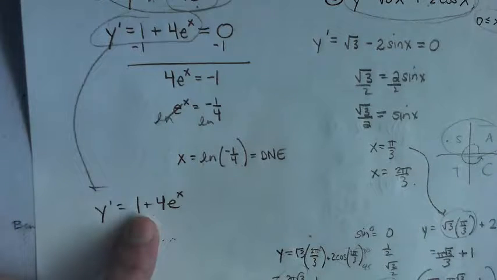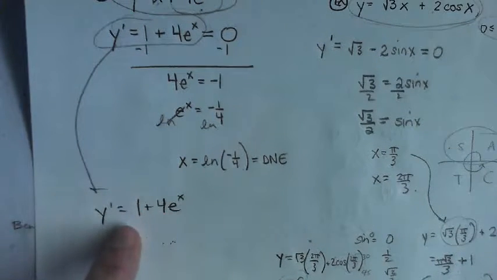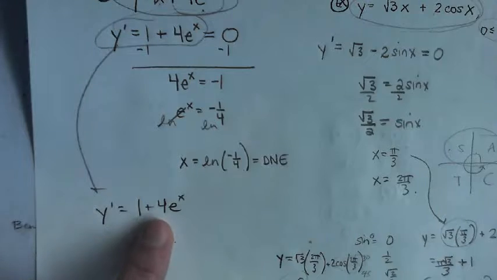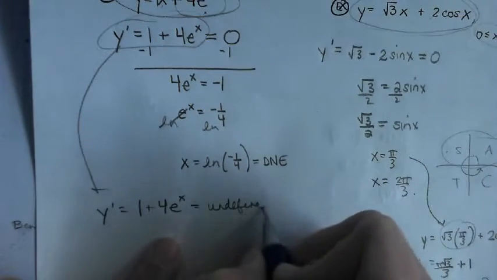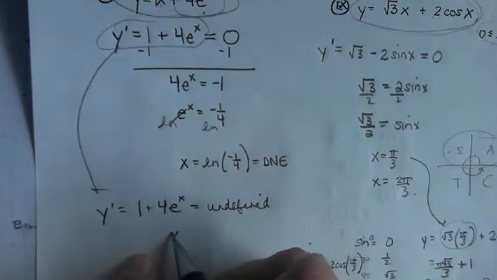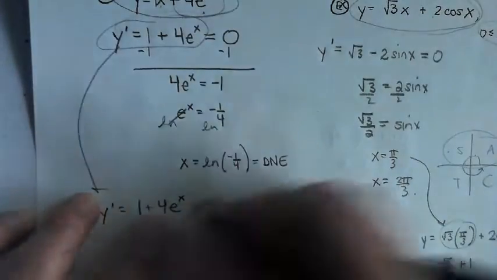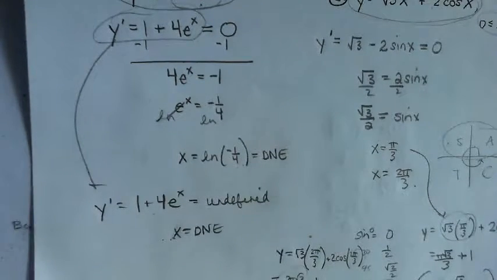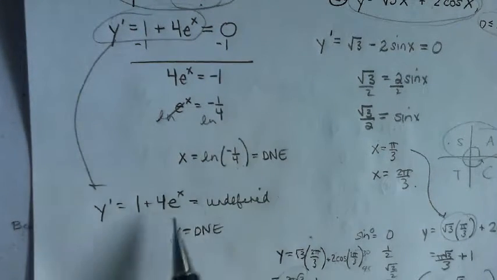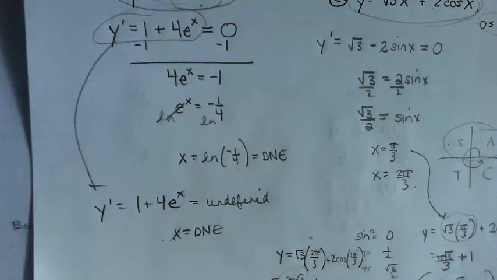No. We have no domain issues with something that's exponential like this. So this has equals undefined. And then you would just say does not exist, really. There are no places where we have a vertical tangent on this one because there are no places that would make this undefined, no x values.